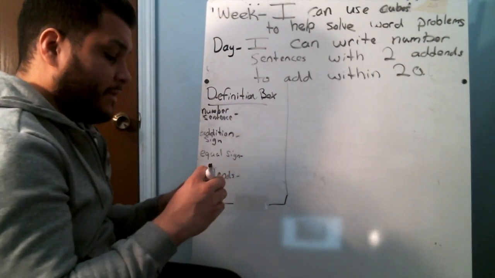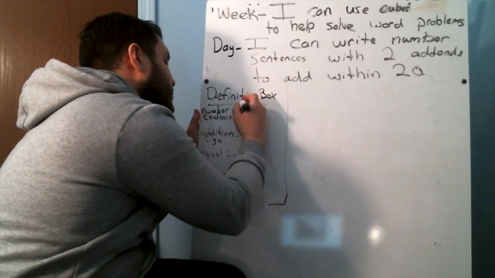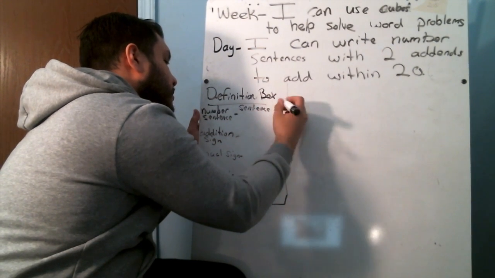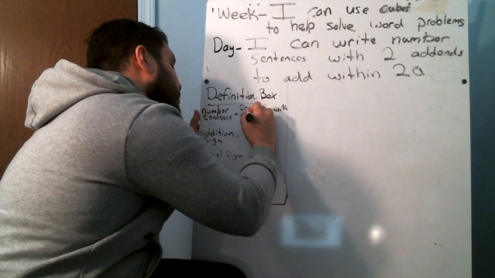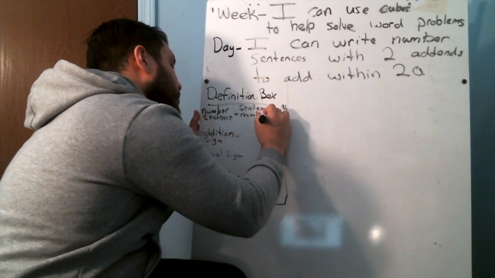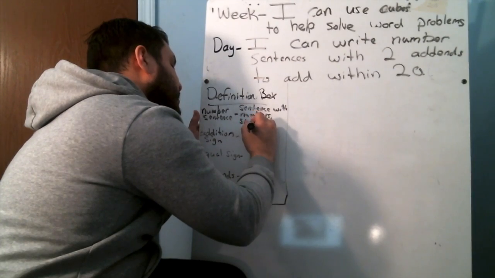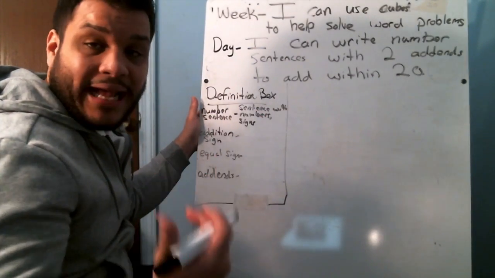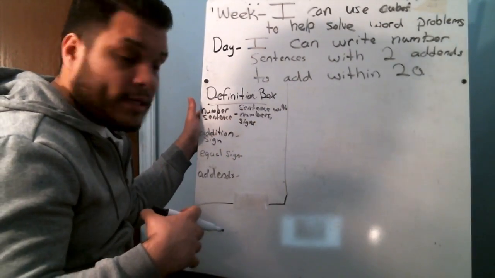So a number sentence is a sentence with numbers and signs, whether that's addition signs, subtraction signs, or equal signs.